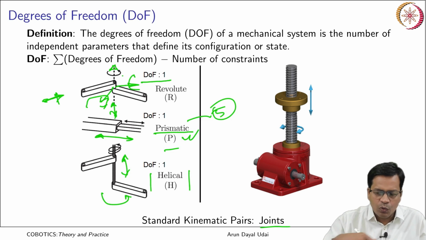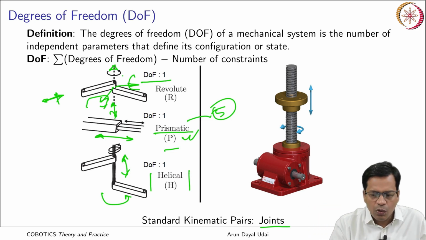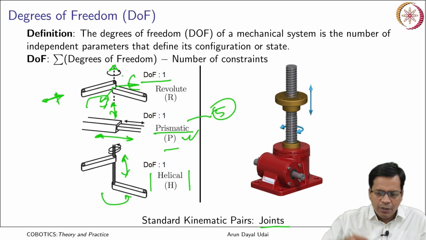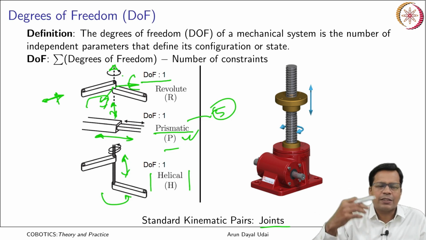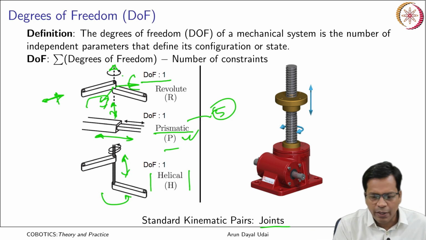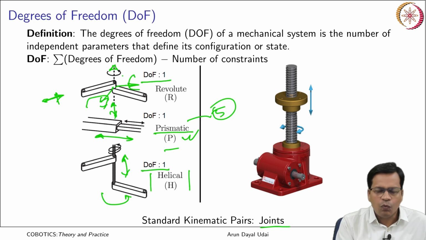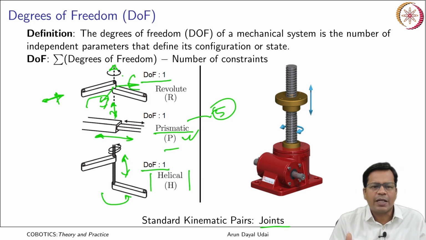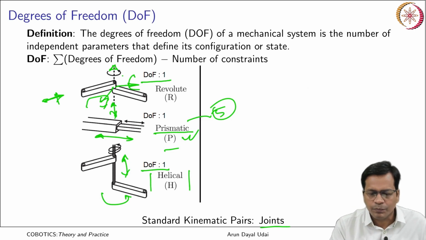Even though it looks like it has one revolute and one free translation direction, it is not. So, it effectively leaves you with 1 degree of freedom only, because 2 of them are linked, which appears like free, and the others are fully constrained. So, the remaining 4 are fully constrained, 2 of them are linked, finally ending you with 1 degree of freedom only.